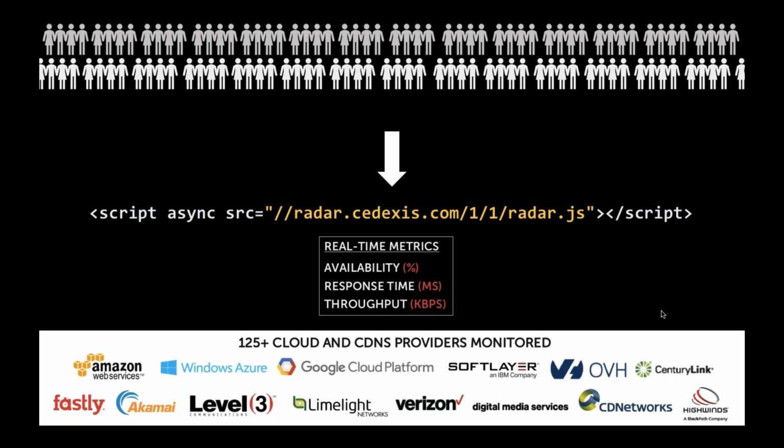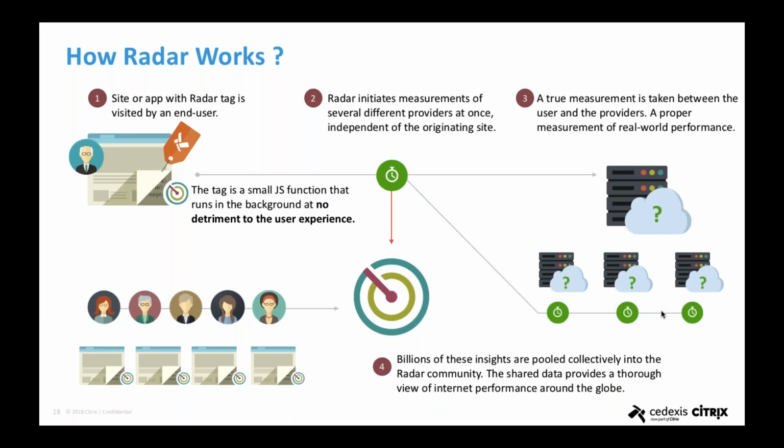This script is going to monitor the availability: can we reach this platform quickly and without any error? It also monitors the response time, so the latency between the end users and this platform, and the throughput. How does it work? It's very easy. The script is loaded after the page loads.